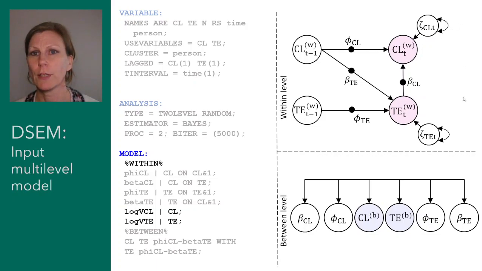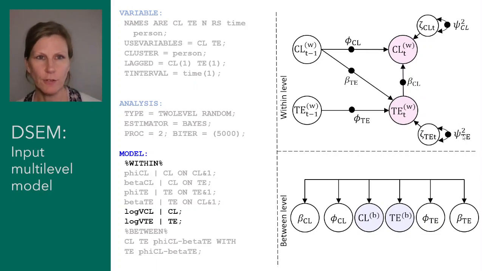So it's about these two-headed arrows here. And with the vertical bar and then the name in front of it, we make these random. So again, we get black circles to indicate that they are random. And so we now have a random residual variance here for closeness and also a random residual variance for tension.